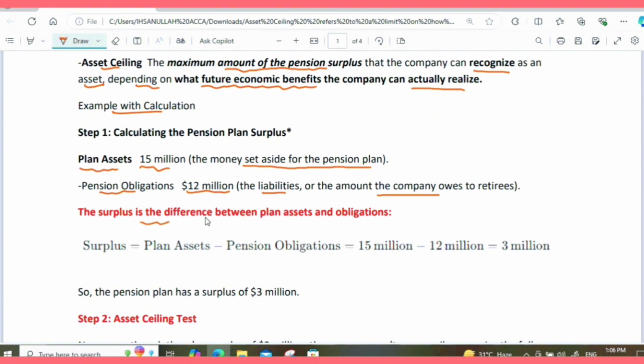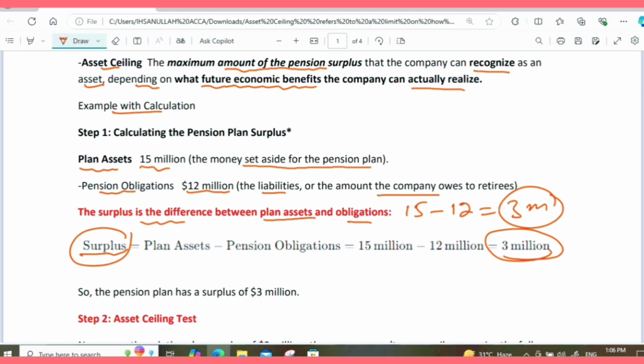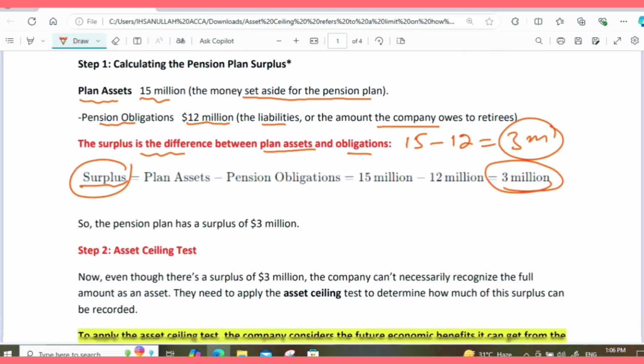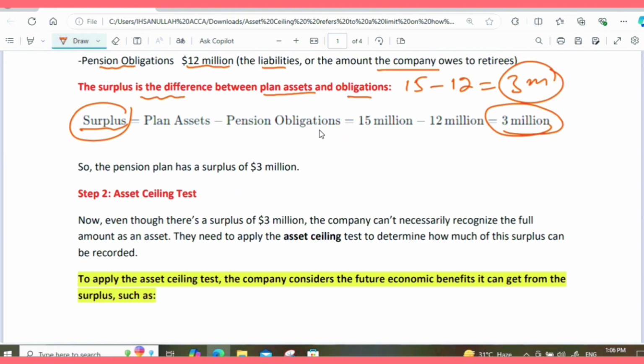Now the surplus is the difference between the plan asset and obligation, which is 15 less 12, so you will have 3 million. This 3 million is your surplus. Clear? Now do you have to recognize the whole amount, or do you need to do some asset ceiling test?